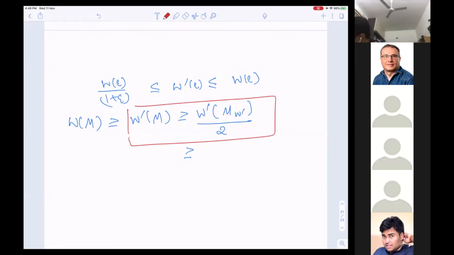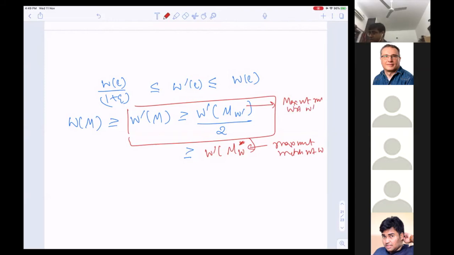Now, I claim that this is less than or equal to the weight of M star of W. What is M star of W? This is a max weight matching with respect to W. And this is a max weight matching with respect to W prime.